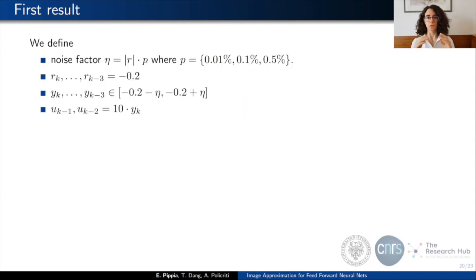So we decided to apply the previous algorithm to a hyperrectangle domain that is close to this case study. So we take the reference that is constantly minus 0.2. The y, that is the output of the system, is close to this reference up to a certain percentage of noise. And then the u, that is the output of the controller, follows the output of the system.